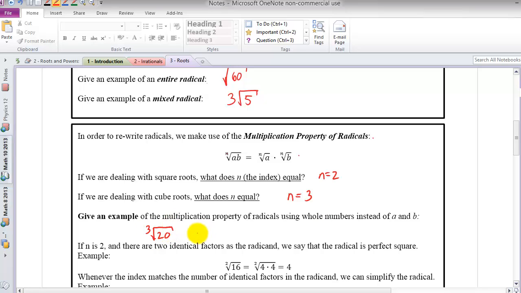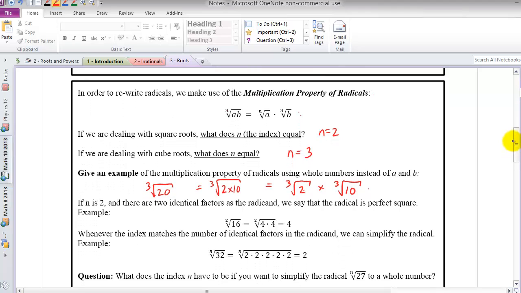The cube root of 20 is equal to the cube root of 2 times 10, which is equal to the cube root of 2 times the cube root of 10. So that's basically an exact copy of the property, only using specific integers instead of the symbols a and b.